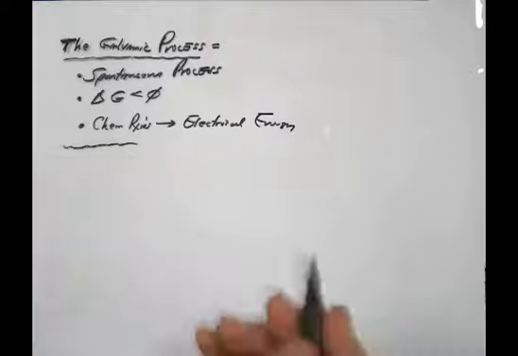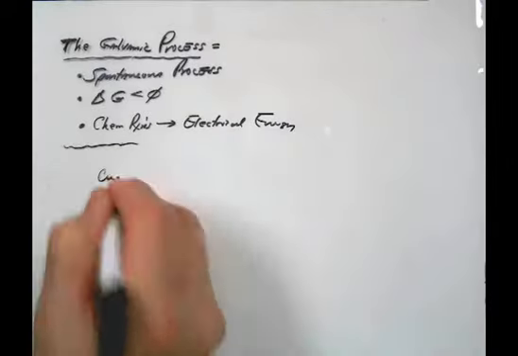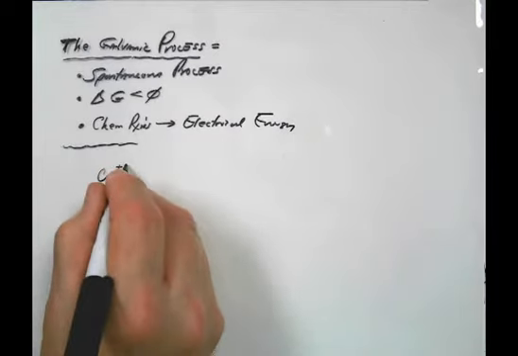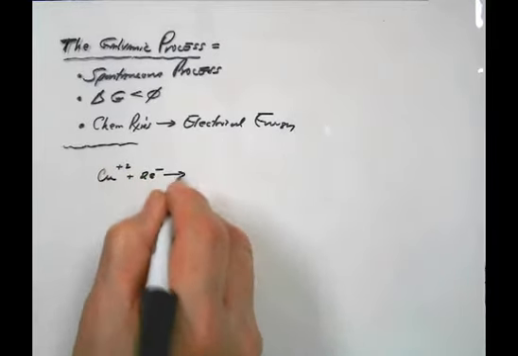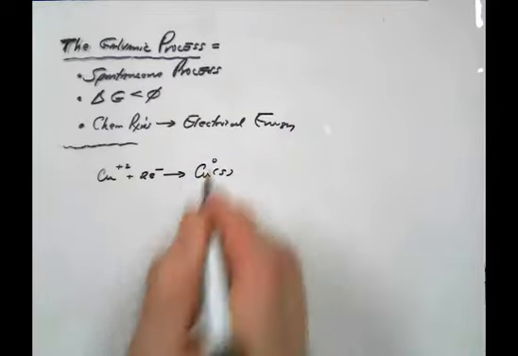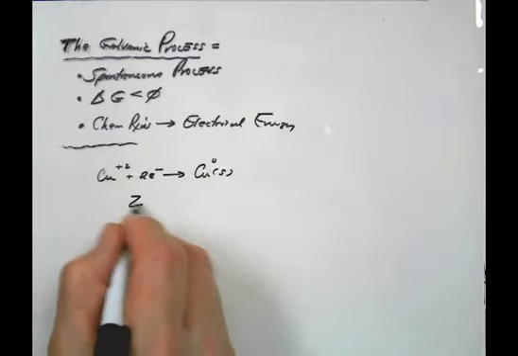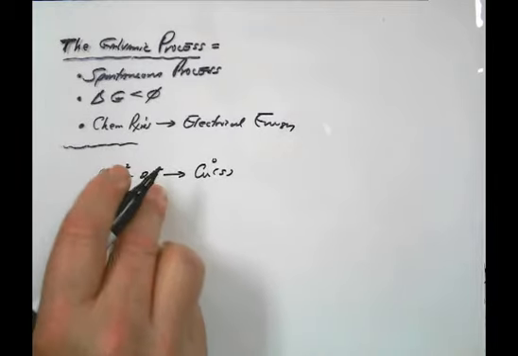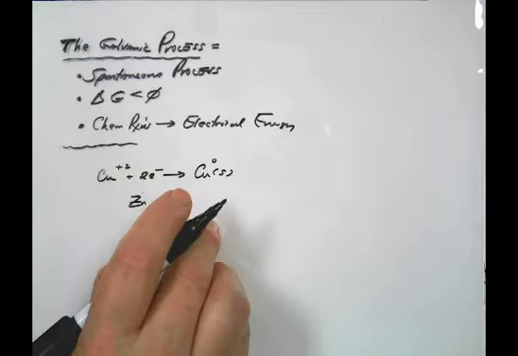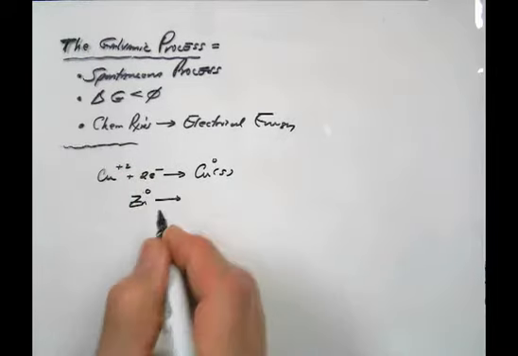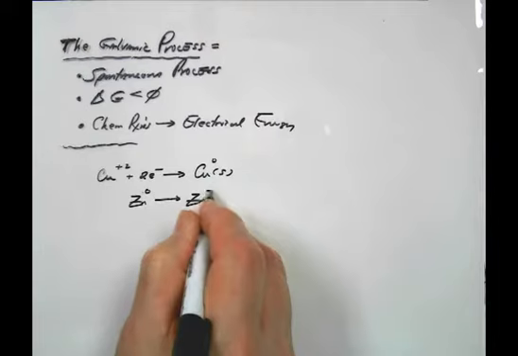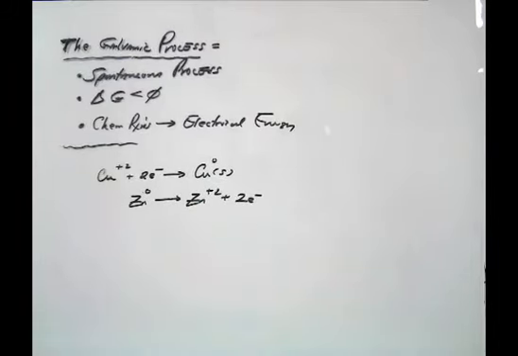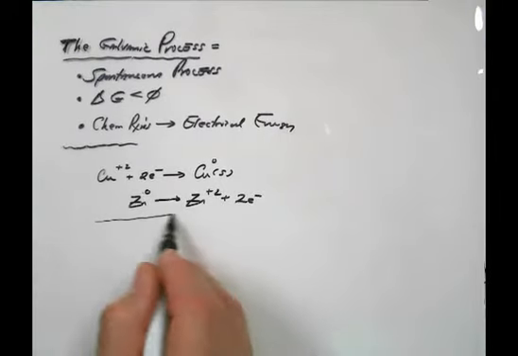And just the one I'll use for the most part is copper plus a couple of electrons goes to copper solid, and then we'll have zinc metal going to zinc plus 2 plus a couple of electrons, like this.